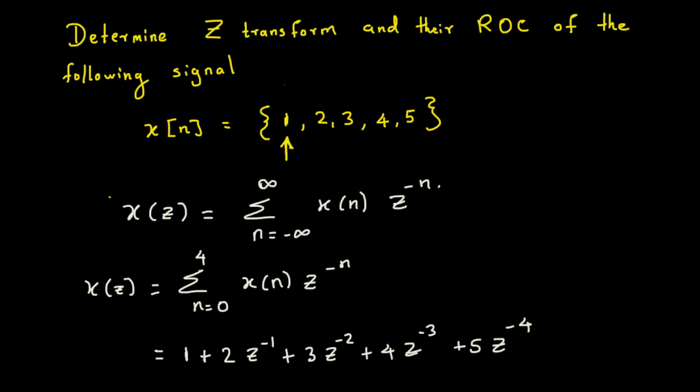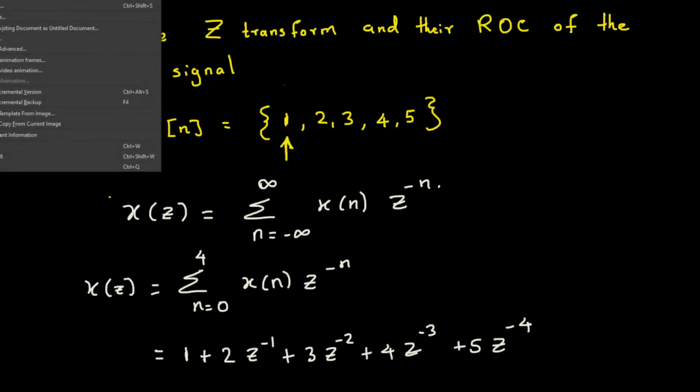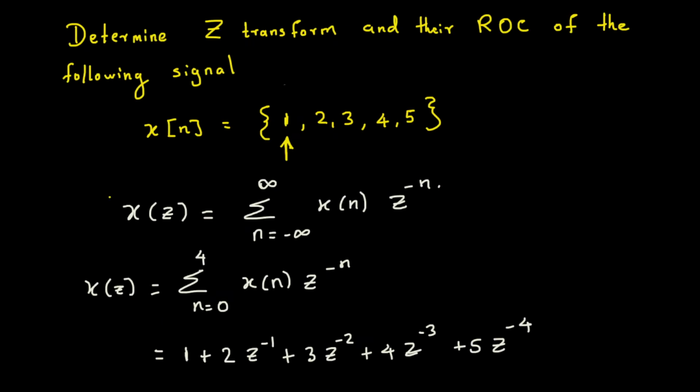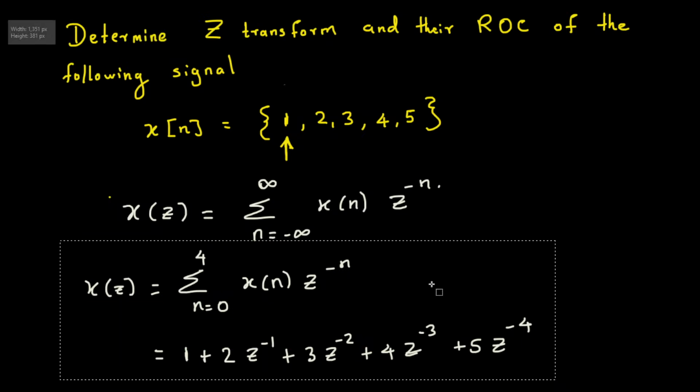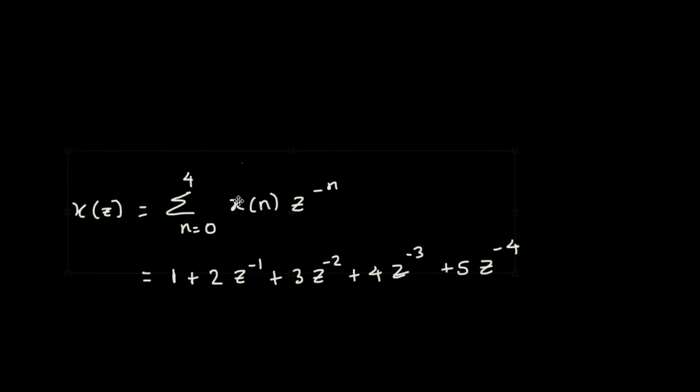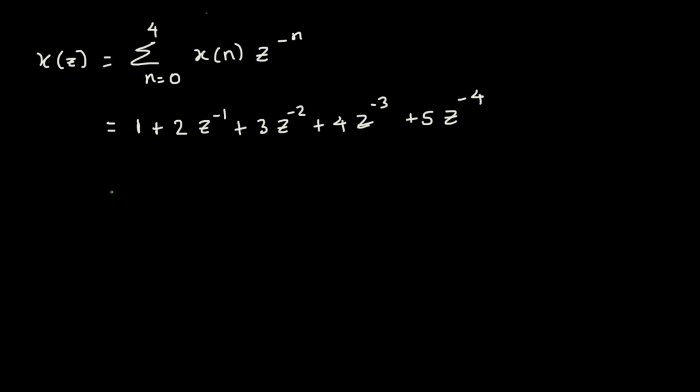Once we get the Z transform, the next thing is to find the region of convergence. To find that, it is better to express this Z transform in a better way. So I copy this and bring it to the next page and rearrange it.